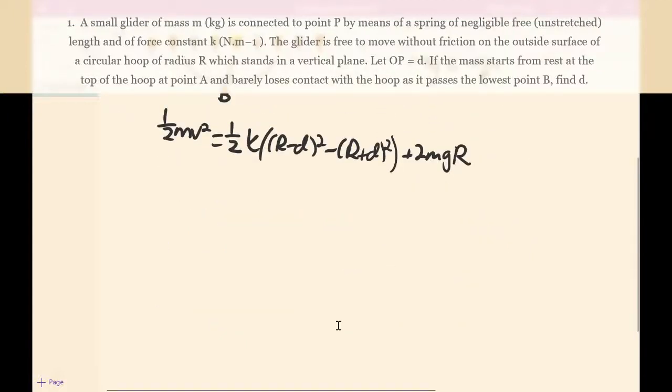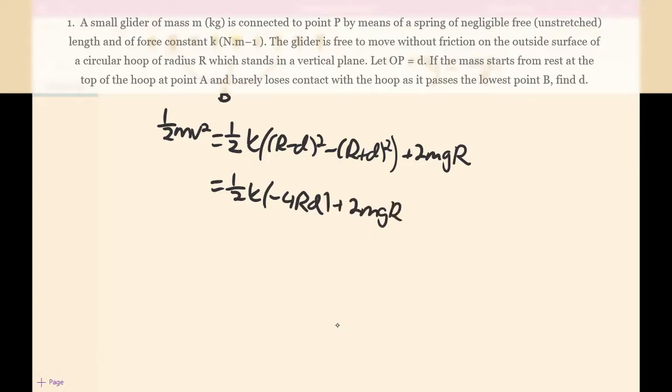So this is equal to 1/2 K times negative 4RD, plus 2 mgR. So then mv squared is just equal to 4 mgR minus 4 KRD.